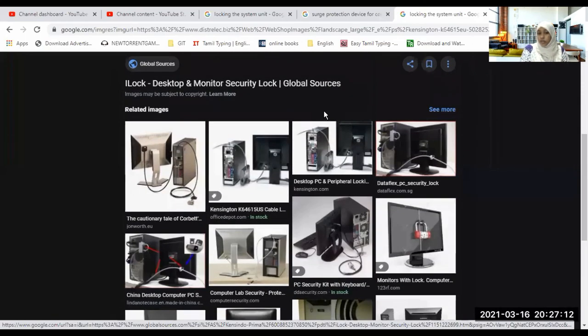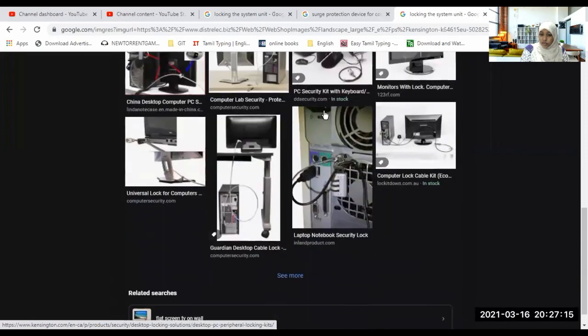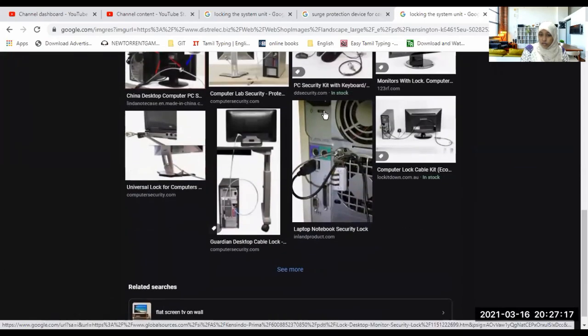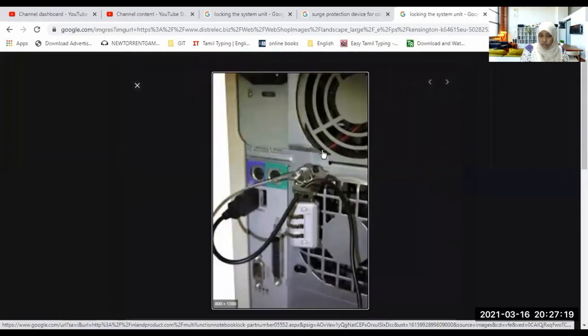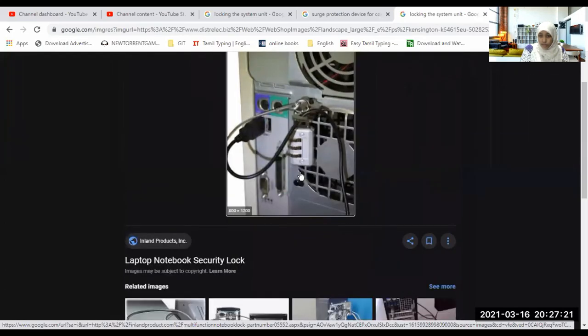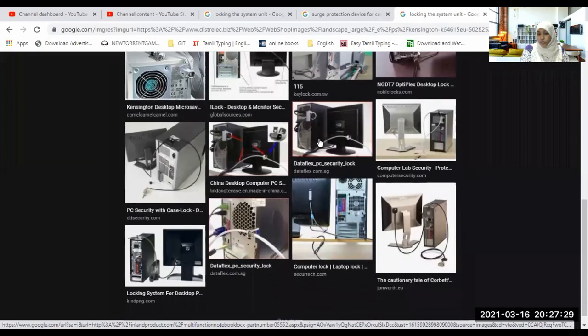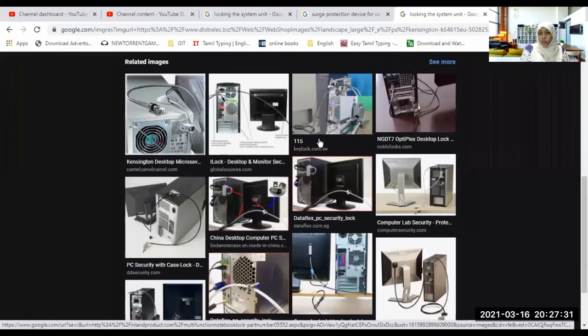Now understood? So this is how it looks. I don't know whether you can see or not. There are numbers here. So you can fix the numbers and open the system unit if you want. Okay. So this is how you can lock the system unit.